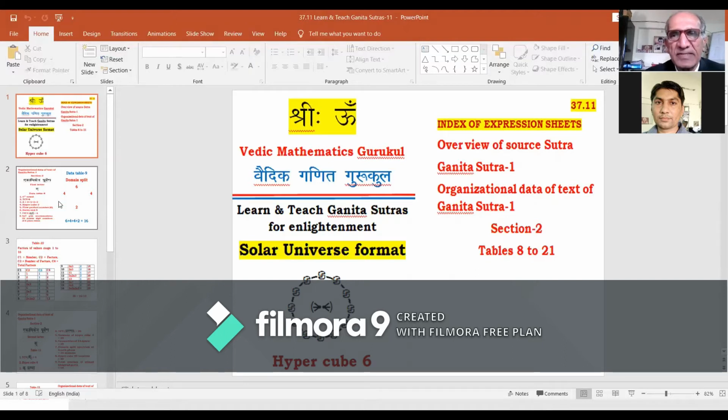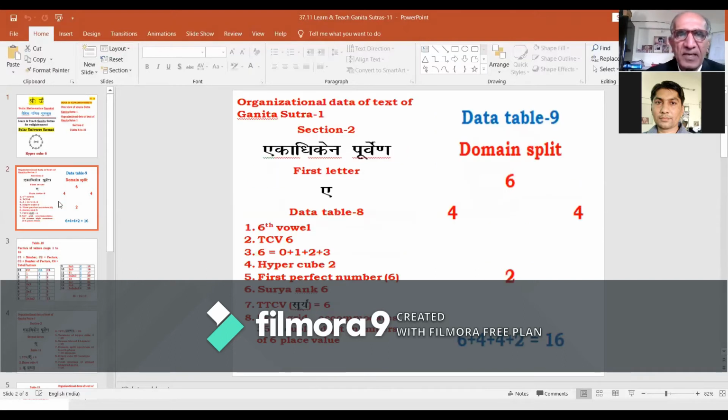These tables are in respect of the sequential placements and arrangements of the letters of the text of Ganita Sutra 1, Ekadhiken Purvain.